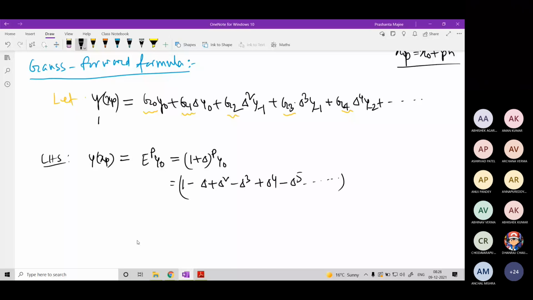This will be operated on... Is it correct? No, I have made a mistake. Sorry. You will have to tell the correct formula. What is the correct formula? 1 minus p delta... 1 minus p delta. Okay.